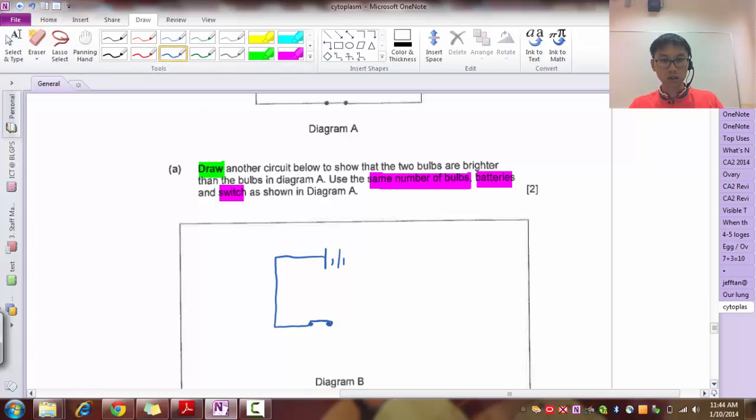Okay, so a switch again. One bulb. Alright, connect it back. Because it's parallel, I have one more in between here. So this is my parallel circuit, and so the two bulbs will be brighter as compared to diagram A.